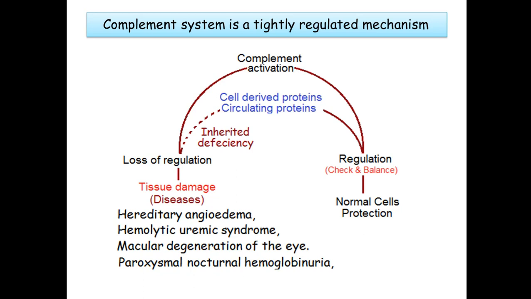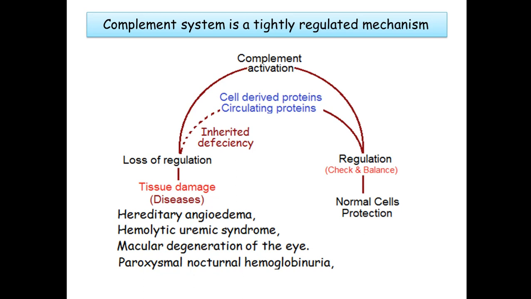Now, this complement system should be strictly regulated because if it is left active, it will cause severe injury to the healthy tissues. As we know, inflammation itself is a double-edged sword. The basic purpose of inflammation is to provide protection to the body, to kill bacteria, viruses, fungi and parasites.